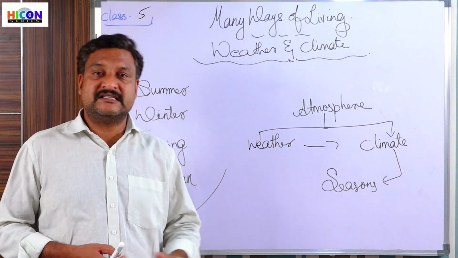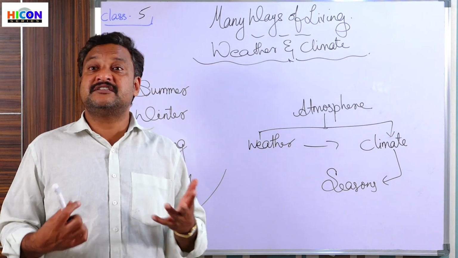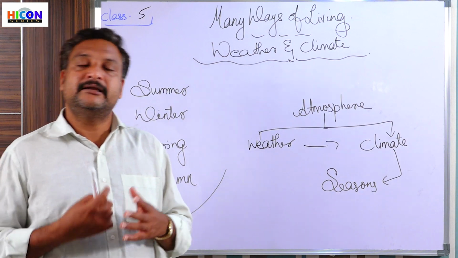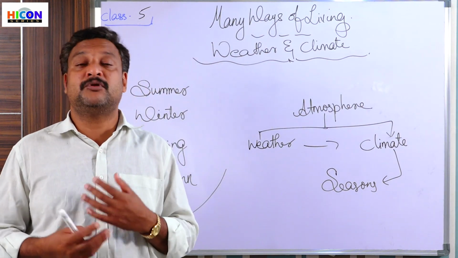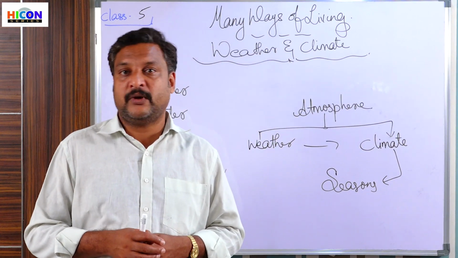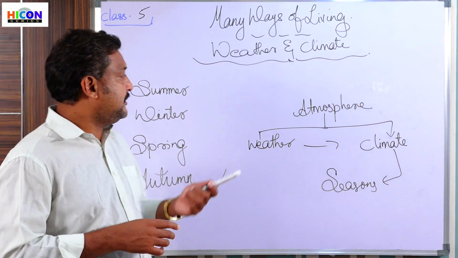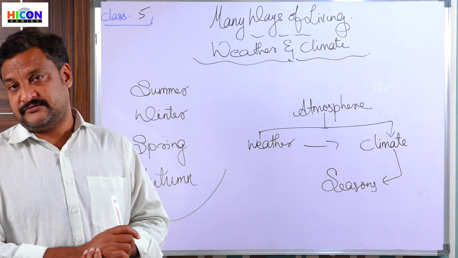Camel lives in the desert region because yes, it can live in the desert region. It has specialities. So the animals, the plants, the human beings, and the lifestyles of the people also change based on the climatic conditions, right? So climate and weather have such great importance on this Earth's surface.